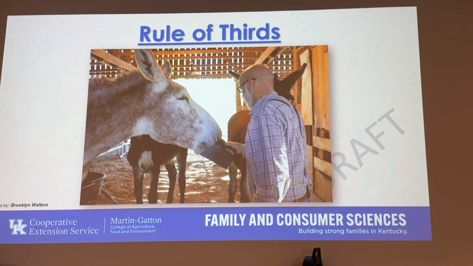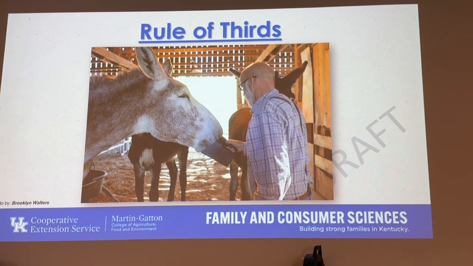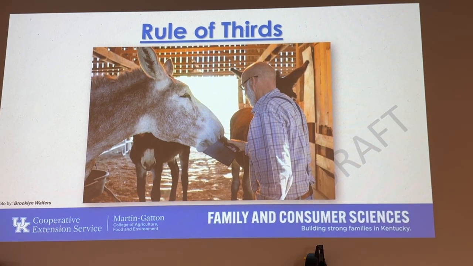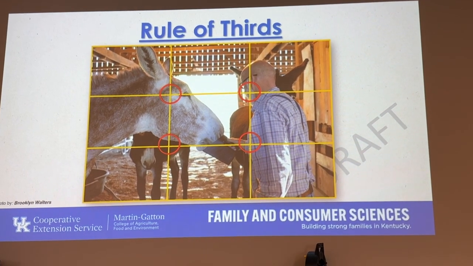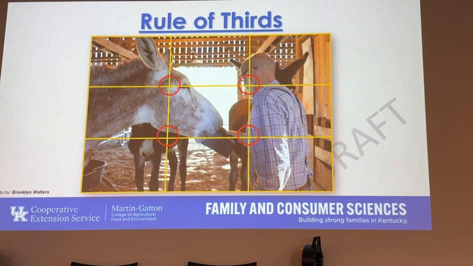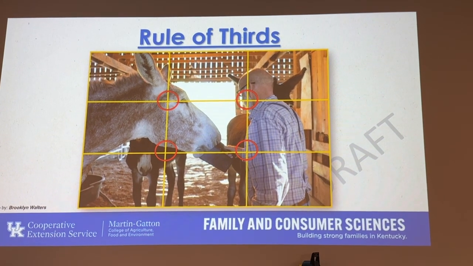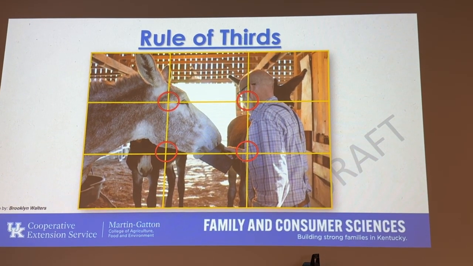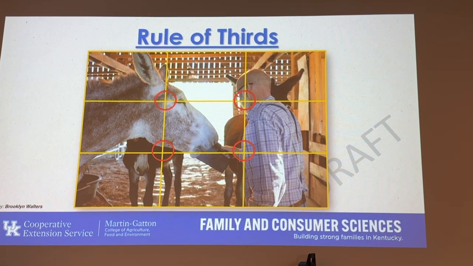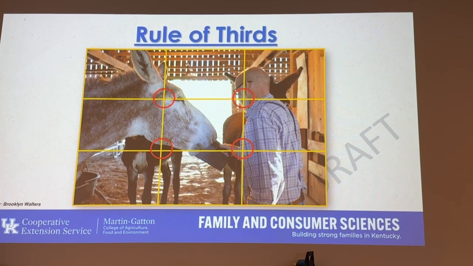So here, it says, for example, we have divided this photo into thirds. Okay, so now you can see, using the red circles, this makes it more interesting. If it was over either way, you wouldn't have the focus on your subject here.